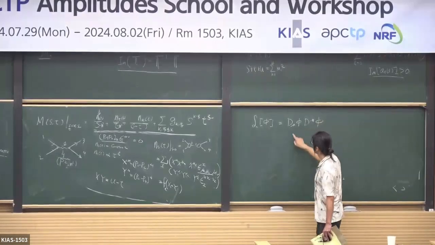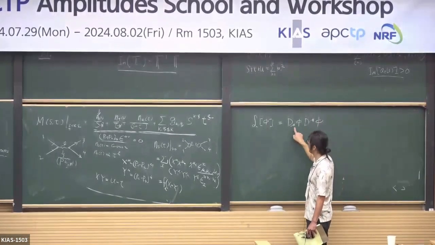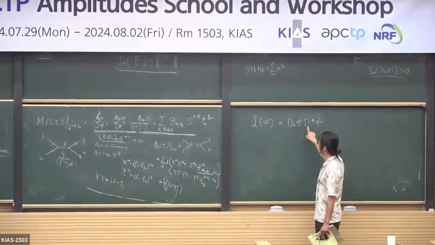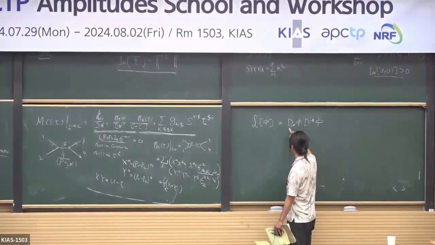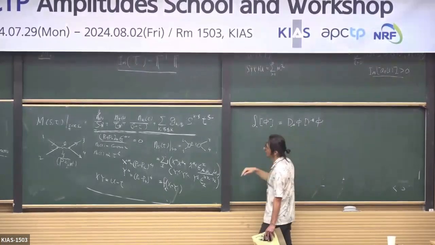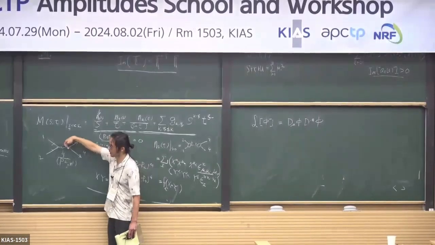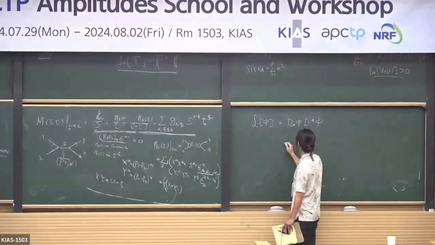Okay? Notice that I'm writing covariant derivatives here. So this D mu can be gauge covariant derivatives in terms of a massless vector, or covariant with respect to gravity, because it might have some massless exchange. So that means that it has a massless field exchange. Okay, so that corresponds to here.